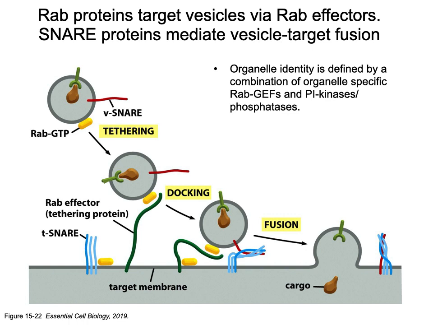Docking is where your V-SNARE, your vesicle SNARE, and your T-SNARE, your target SNARE, become intertwined, and that's really going to anchor that vesicle down so that we can then have fusion of the membrane. Again, the SNARE proteins are really important in this process, just like the Rab proteins are too.